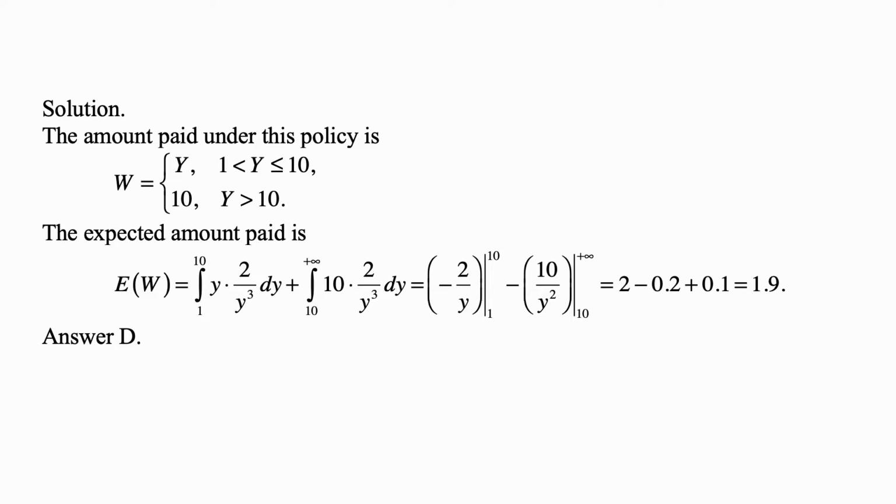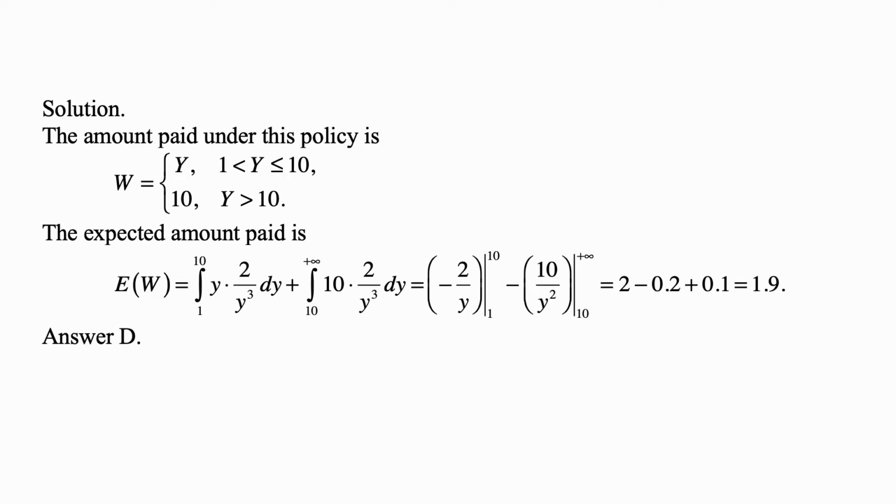It would have been nicer if I put it inside, but it doesn't matter. Either way there's a minus there, because of course y to the negative 2, if you take the derivative of that, you get minus 2y to the negative 3. And we evaluate this from 10 to plus infinity.